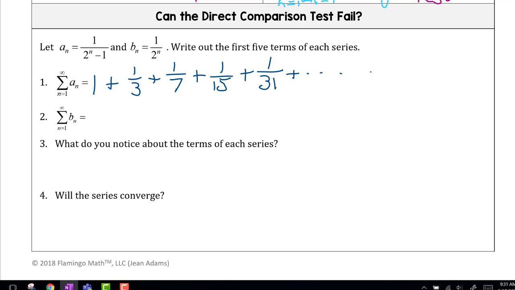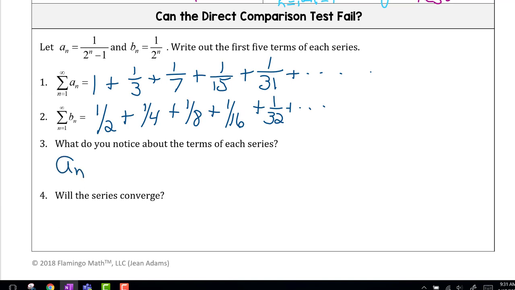And for b sub n, we have 1/2 plus 1/4 plus 1/8 plus 1/16 plus 1/32, and so forth. And so what you notice is that the a sub n terms are greater than the b sub n terms.